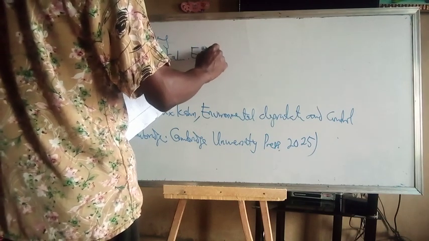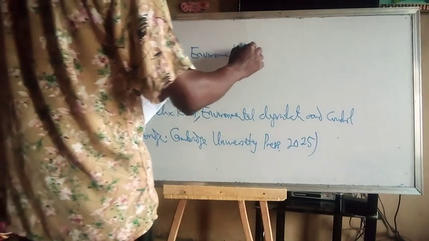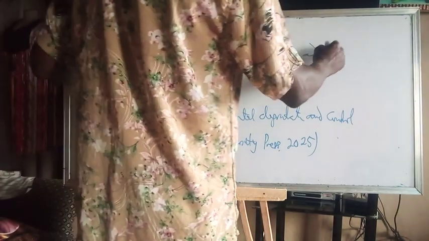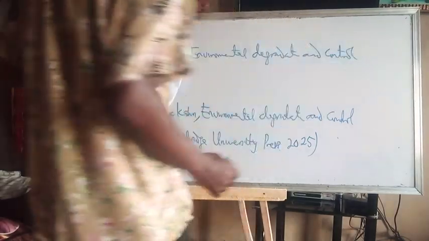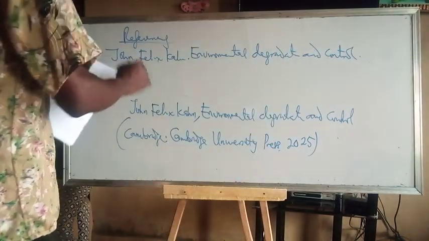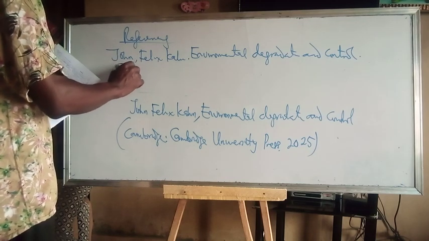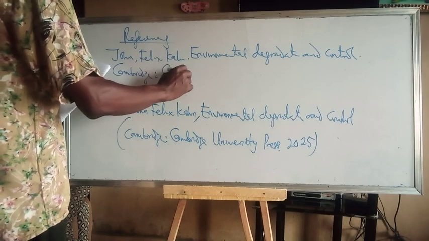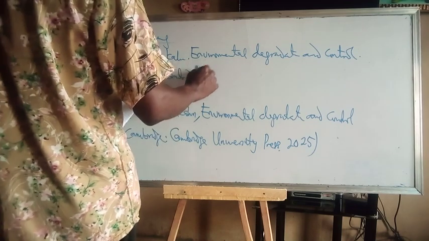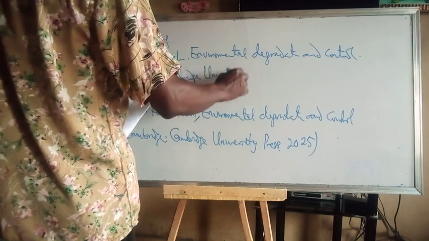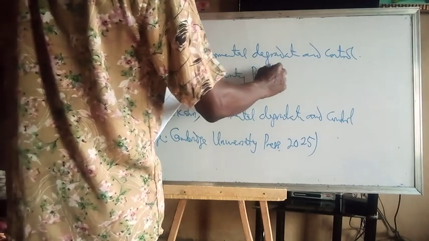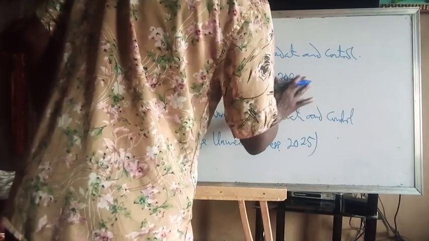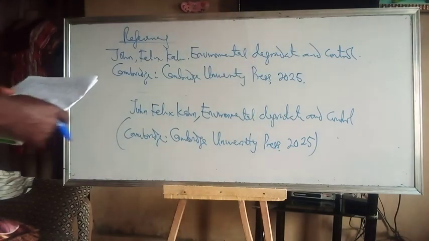Environmental Degradation and Control. Full stop. Then Cambridge, colon again, Cambridge University Press, comma, 2025, full stop. So this is how this one is referenced.